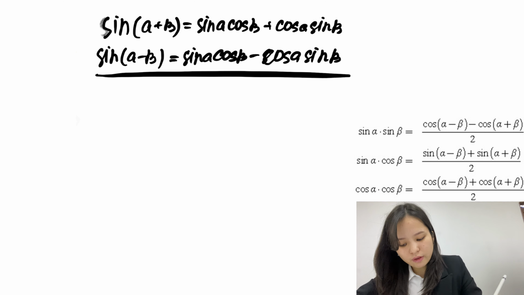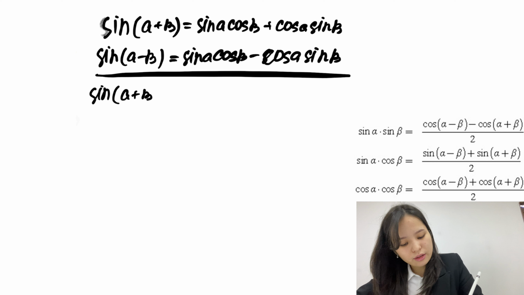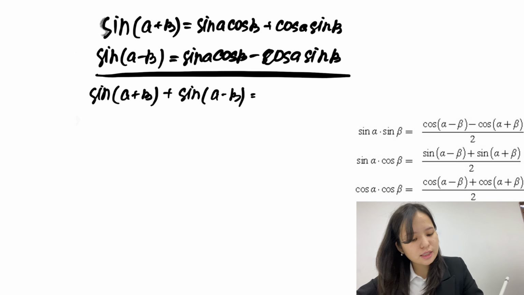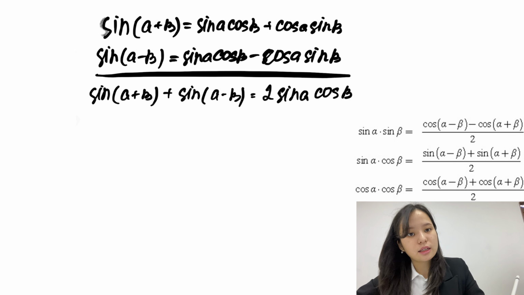If we add these formulas, we get sine A plus B plus sine A minus B is equal to sine A cosine B plus sine A cosine B, which is 2 sine A cosine B. Cosine A sine B minus cosine A sine B is equal to 0.